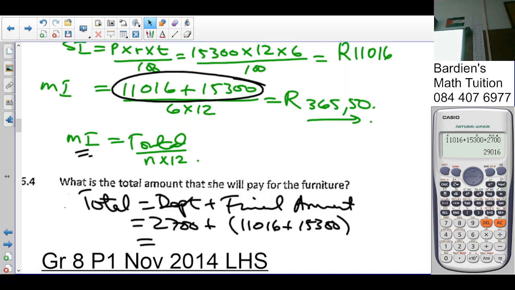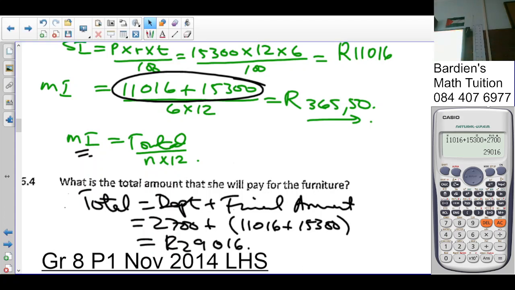Oh, that's a massive amount. It's 29,000. I think I made a mistake somewhere. Let's check there. What's the answer they got? You guys have the memos. Is that right?